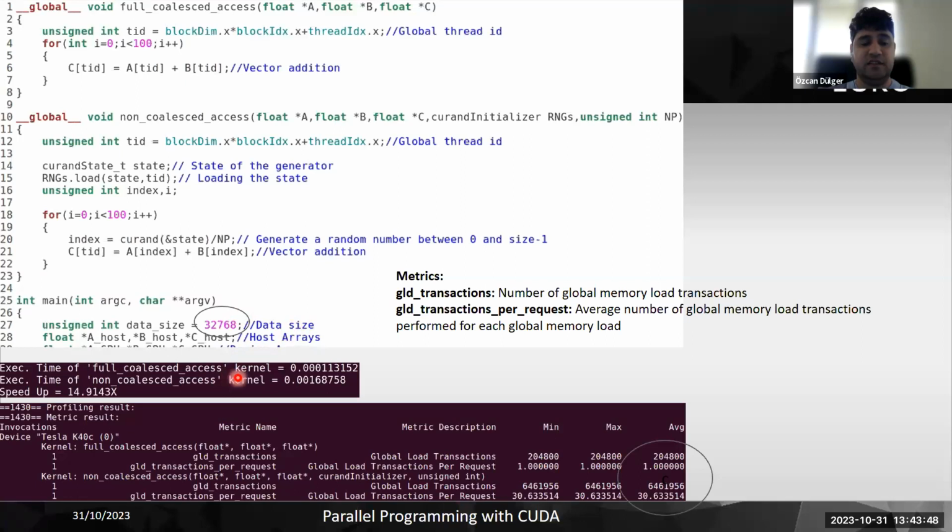So the speedup obtained by the full coalesced access is about 14x. So we achieve 14x speedup with full coalesced access.